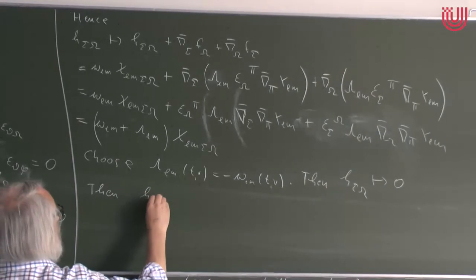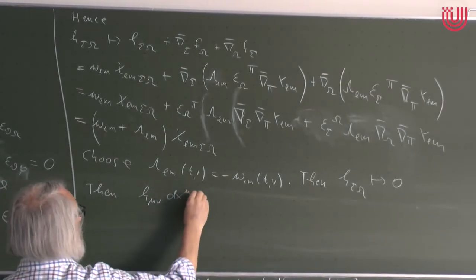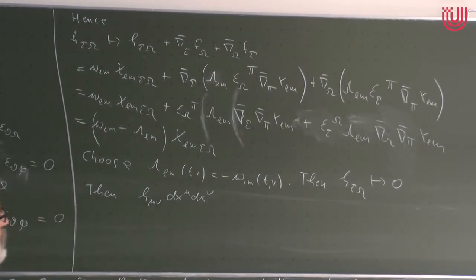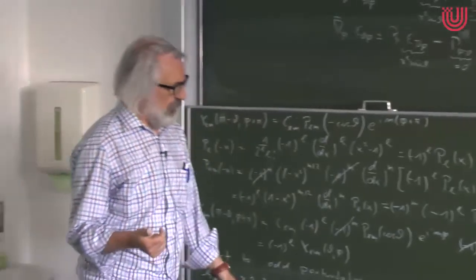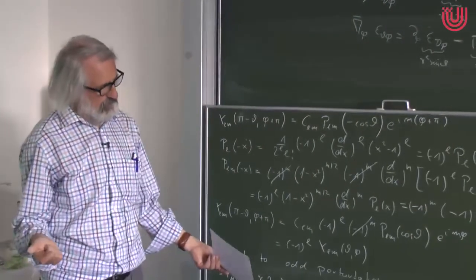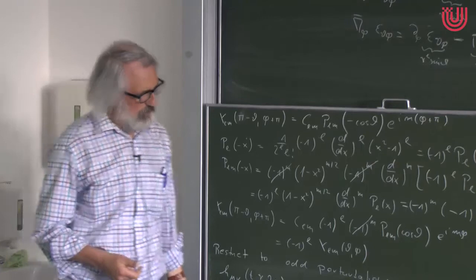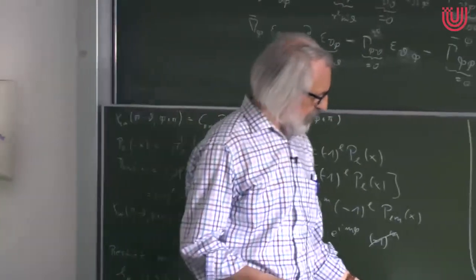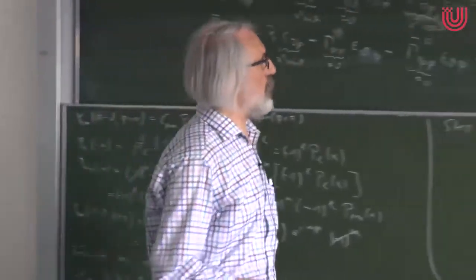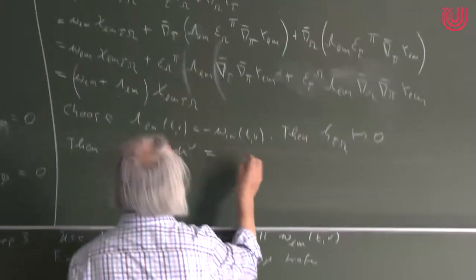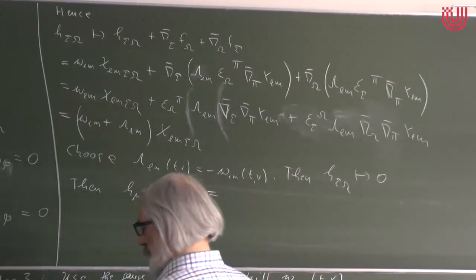So we have H mu nu dx mu dx nu, which in the beginning had a scalar part, a covector part, and a tensorial part. We got rid of the scalar part because we restricted to odd perturbations. We restricted the covector part to 1/2 of the sets by choosing odd perturbations, and we killed all of the tensorial parts by assuming odd perturbations and choosing the gauge appropriately. So this is now for a particular LM.